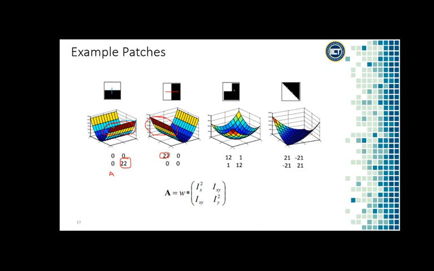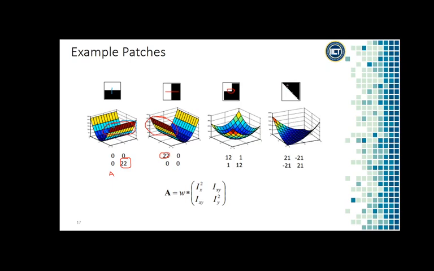Now, for this corner, you will see that you are getting a good response from all the directions, and there is quite a good pattern here, because there is one local minimum, and based on this local minimum, we can say that this is a kind of distinctive feature or branch that we are looking for.